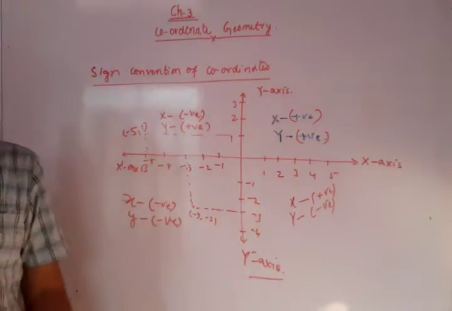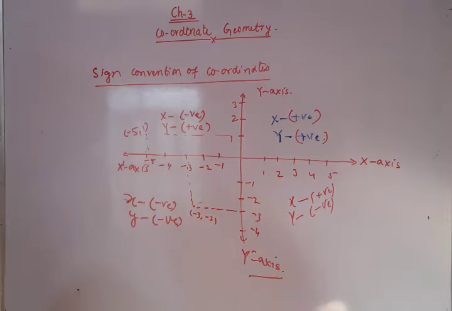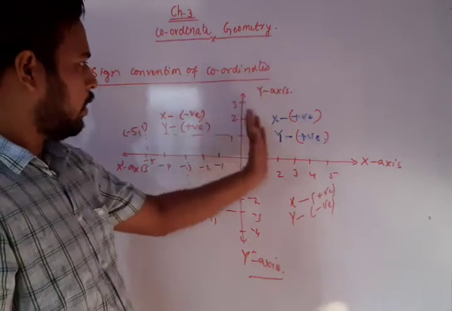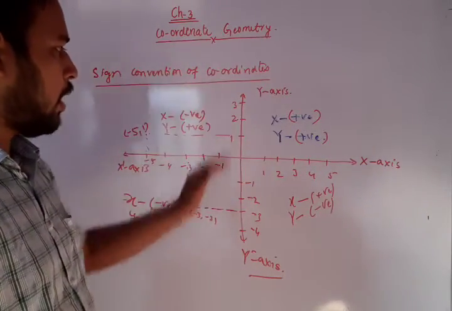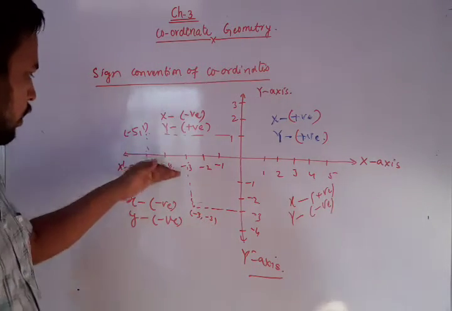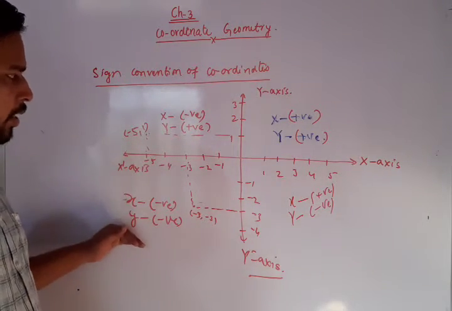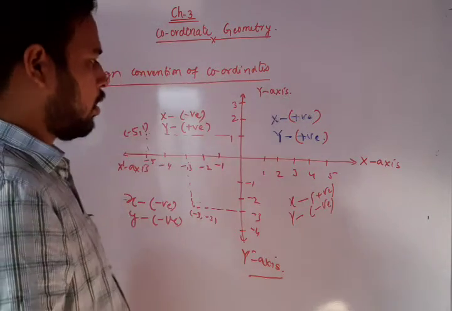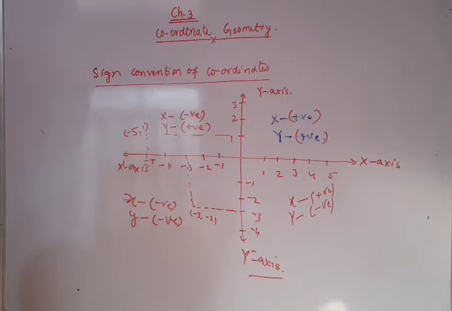Now see here what you have got: in this part x is positive, y is positive. In this part x is negative, y is positive. In this part both x and y are negative, and in this part x is positive and y is negative.